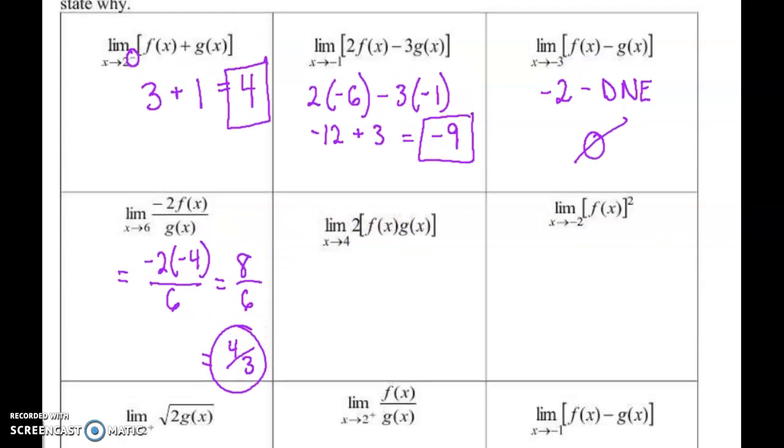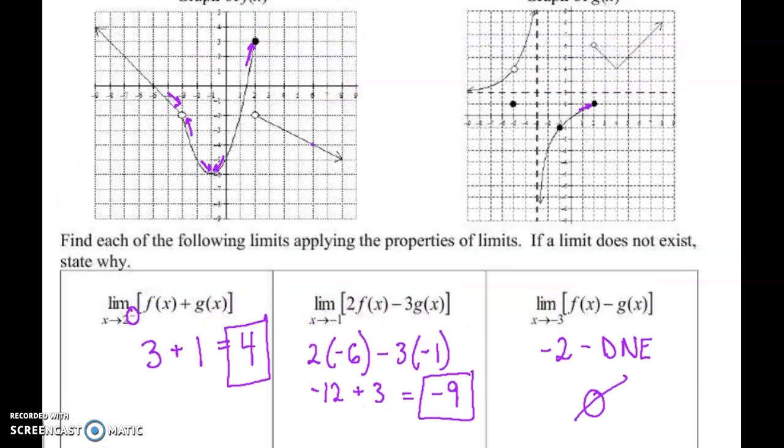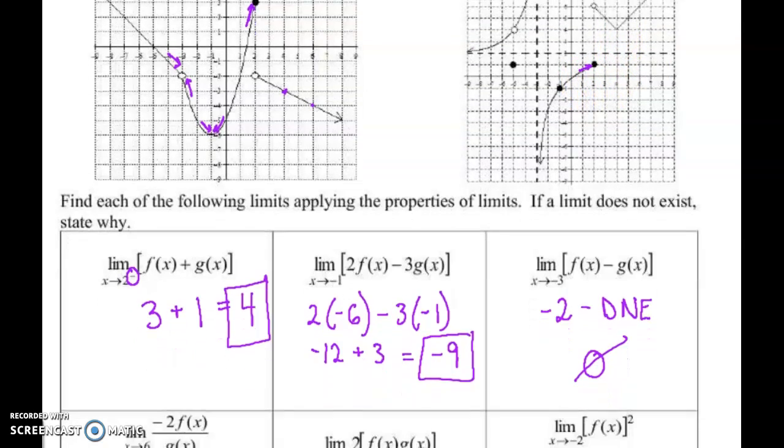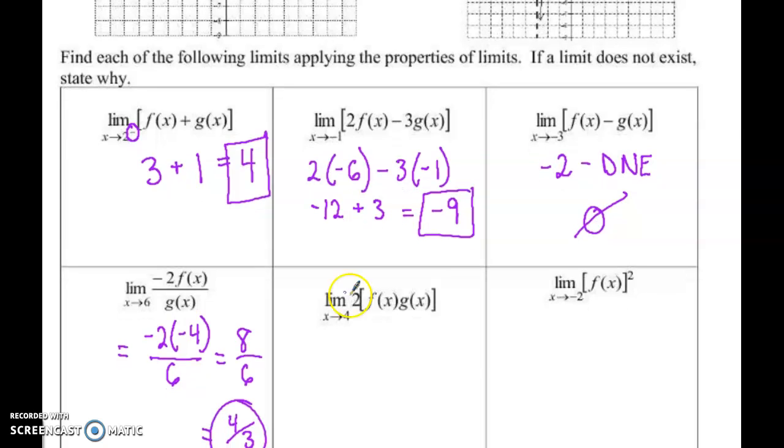Limit as x approaches 4 for each of these functions. So at 4 it looks like -3 for f. Looks like +4 for g. So I think I said -3 times 4, and you get -12 there.